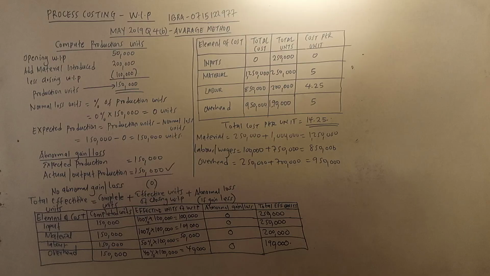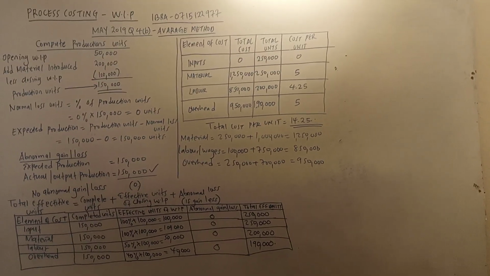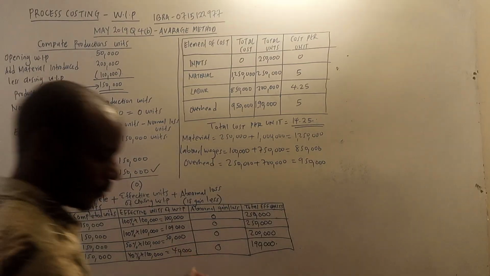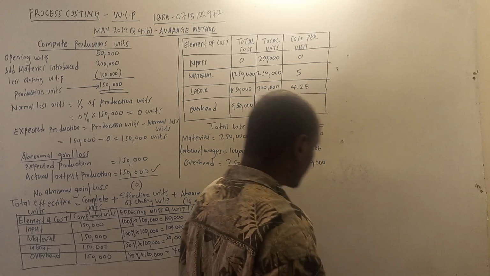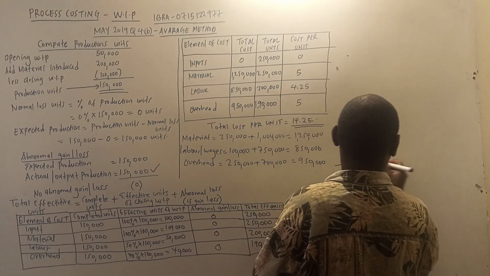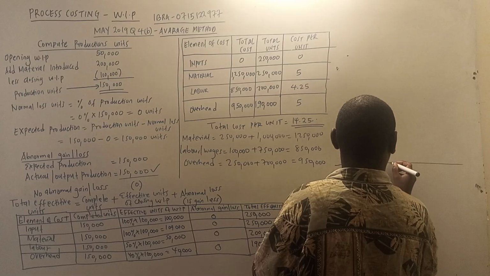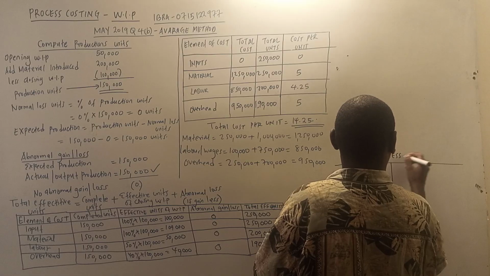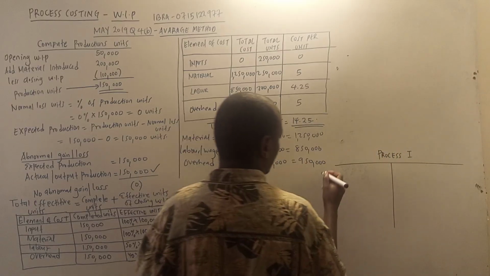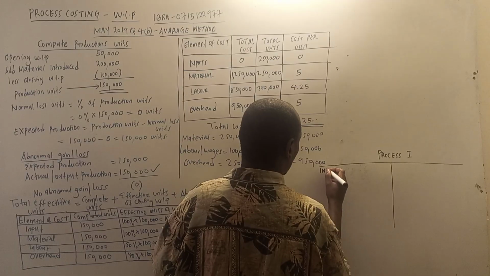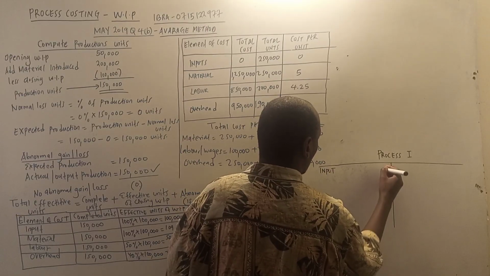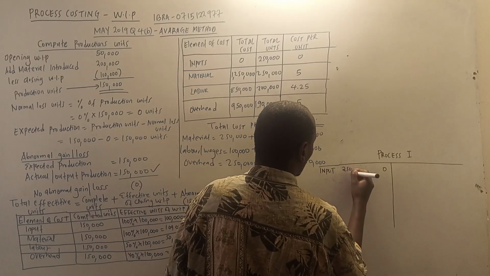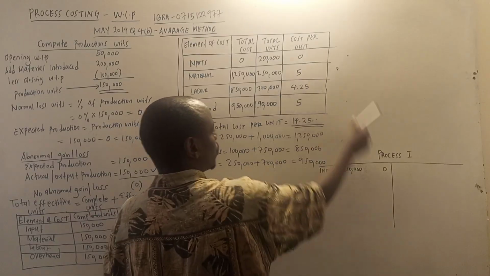I think now we can prepare the process costing account. So I will do it here. Process 1. Start with the input. For input, we have 250 units, but the figure is 0.